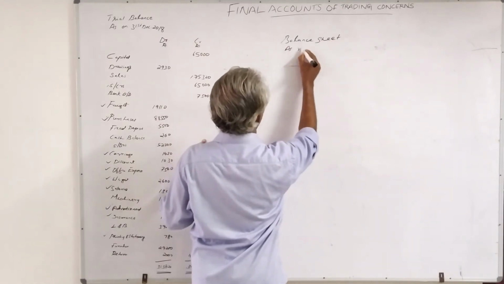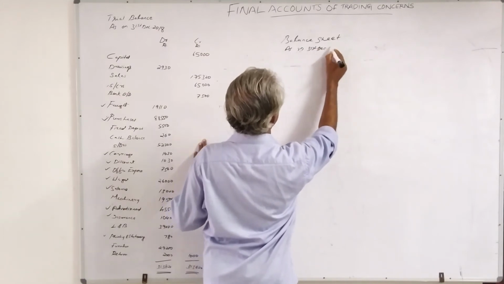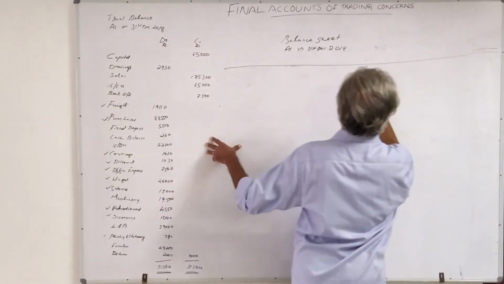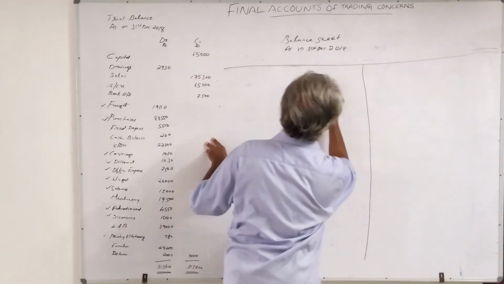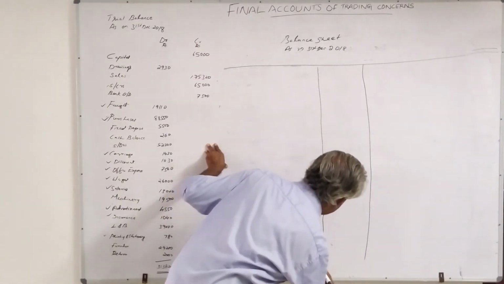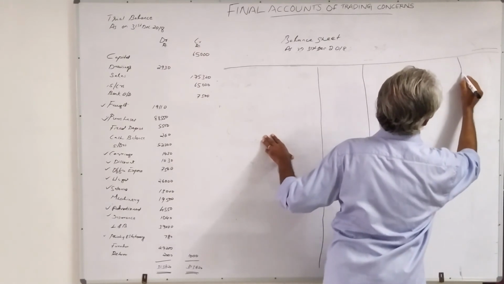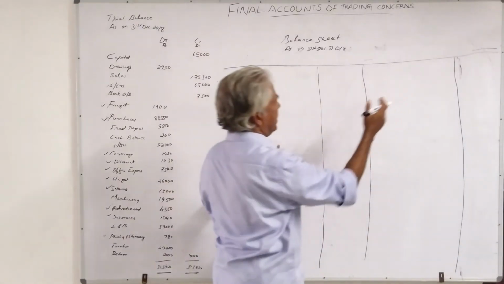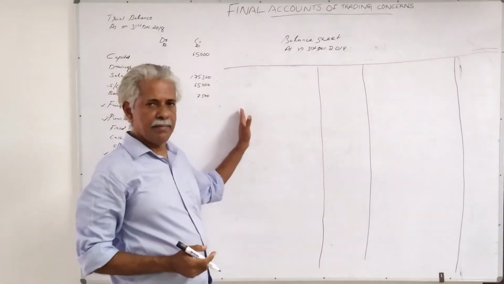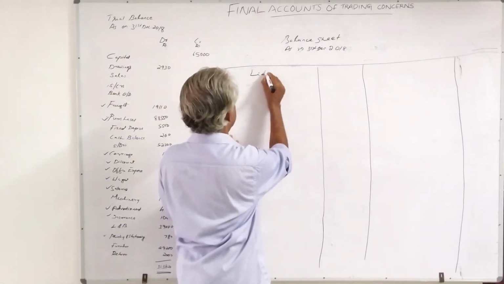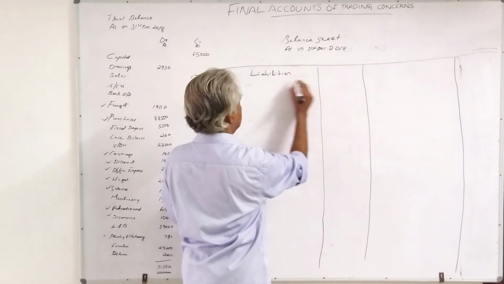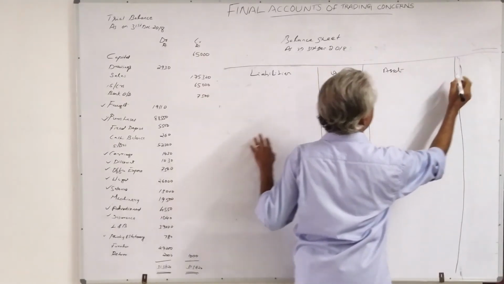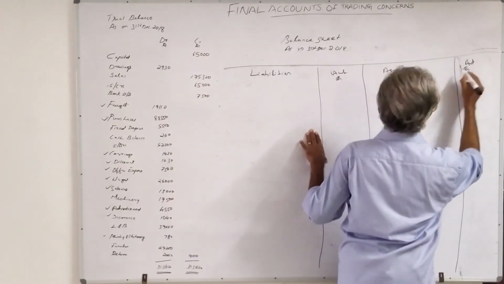Next, balance sheet as on 31st December 2018. Two sides: left hand side liabilities, right hand side assets. Liabilities, amount, rupees, then assets, amount, rupees.